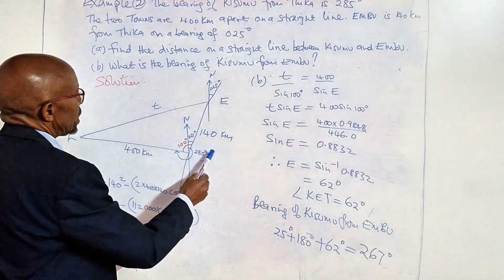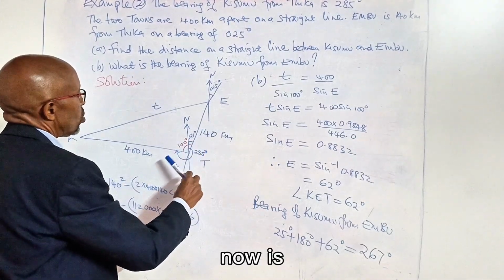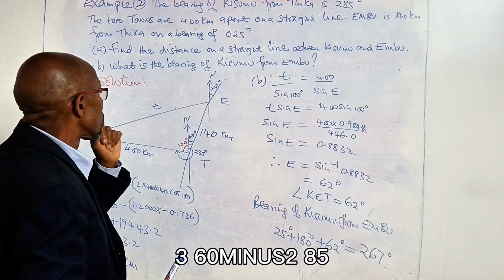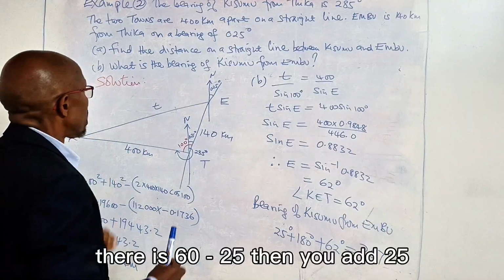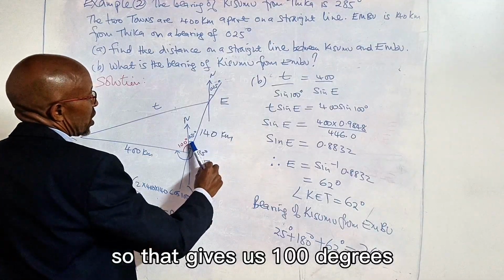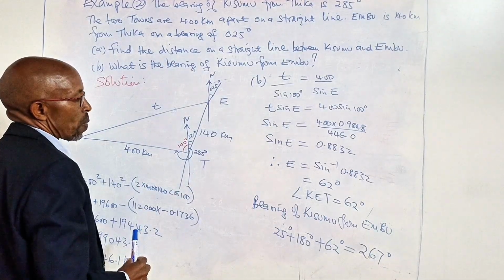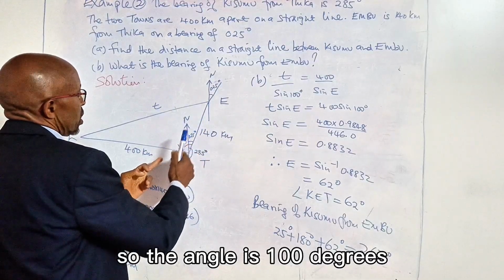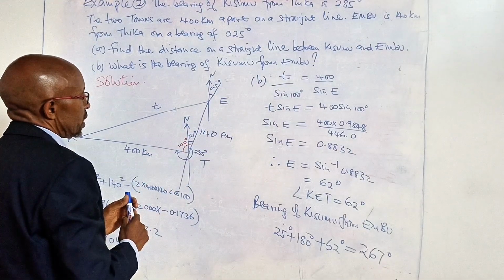So what remains now is 360 minus 285, then you add 25. So that gives us 100 degrees. So the angle is 100 degrees.